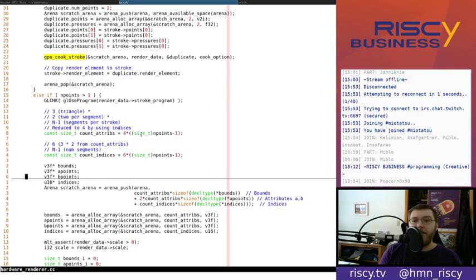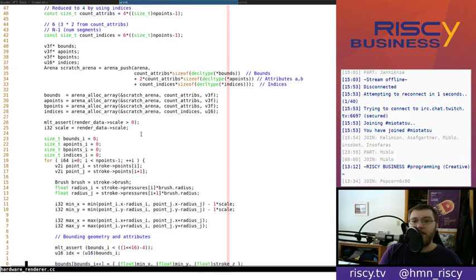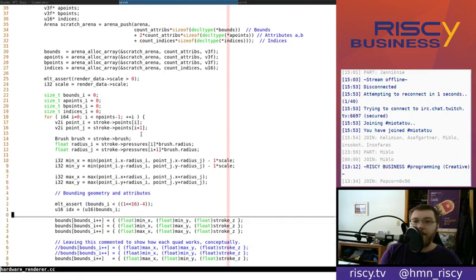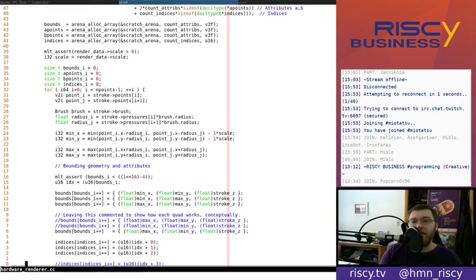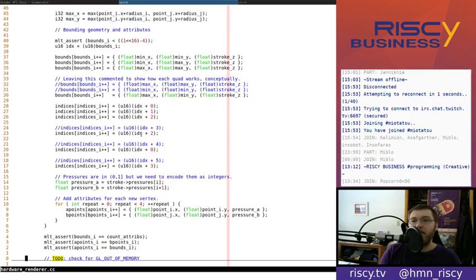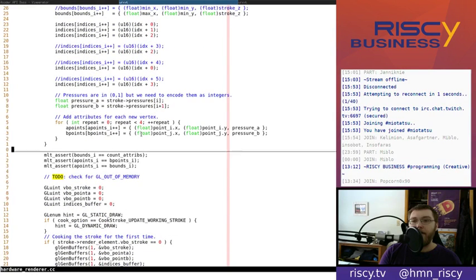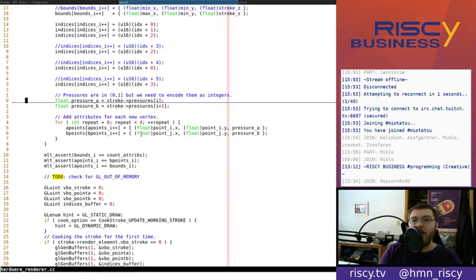So it does some shader stuff. It does some memory stuff. It does some mathy stuff. It does some geometry stuff. It does some more mathy stuff. It handles pressure.